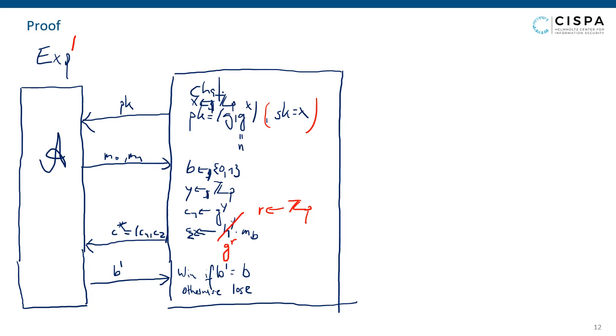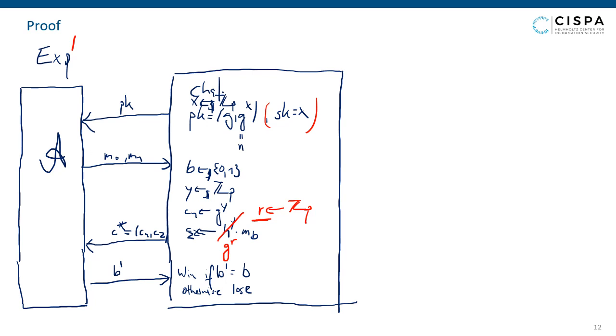But okay, as I've already alluded to earlier, the way C2 is computed is pretty much like a one-time pad encryption in the group G. And now what I've done with this modification of this experiment is that now C2 actually is a one-time pad encryption. So in the original INCPA experiment, it just looked like a one-time pad encryption, but now it actually is a one-time pad encryption. Why? Well, this R that I'm computing here is never used anywhere else, right? This is independent of the public key and of C1. So this is a truly random string.